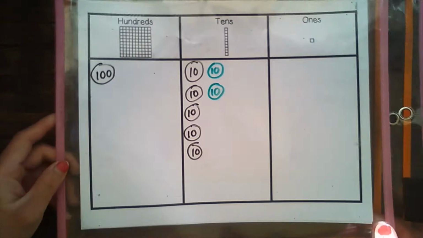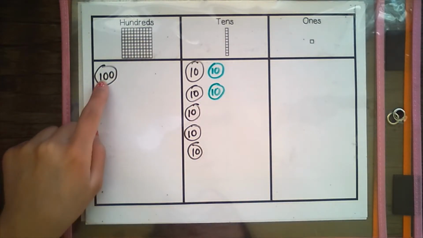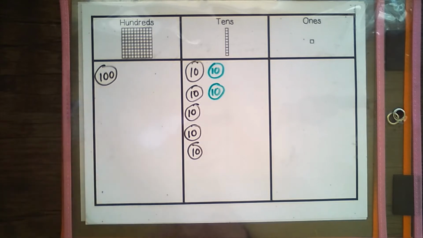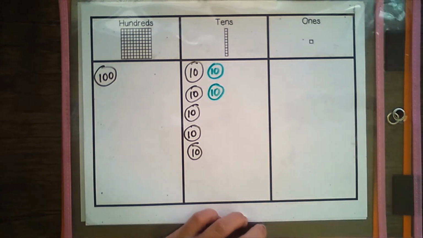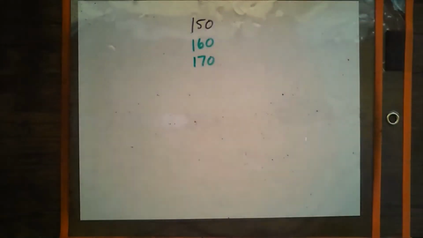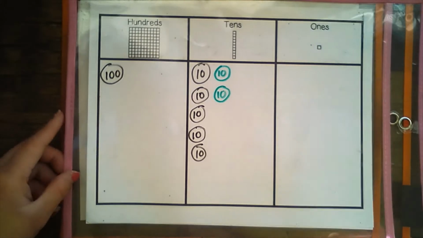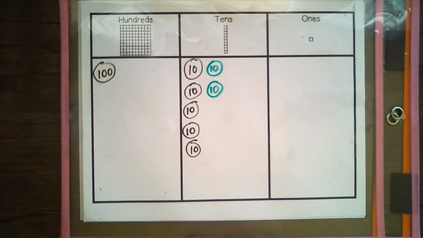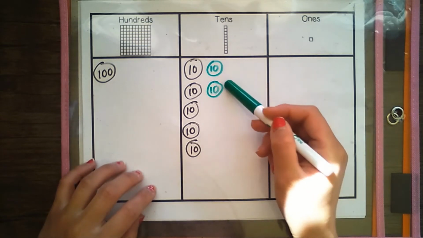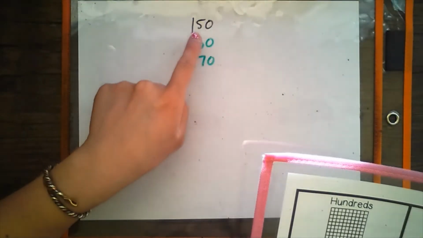Every time we add a tens disc, the 10 gets bigger. Notice how our hundreds disc stayed the same. Notice how we didn't add anything to the ones and that stayed 0 throughout all of the numbers. It's true in standard form and it's true in our place value chart with our place value discs. So every time we add a tens disc, the 10 gets bigger.